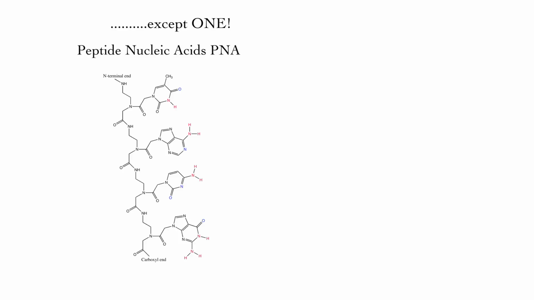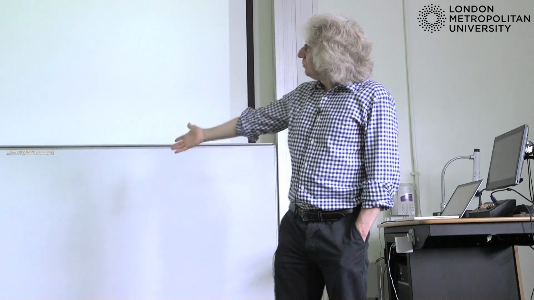There's one exception to this rule: peptide nucleic acids. This came out of the Panum Institute in Copenhagen at the same time as we were working on oligosulfones. A group led by Peter Nielsen in Copenhagen produced this molecule.